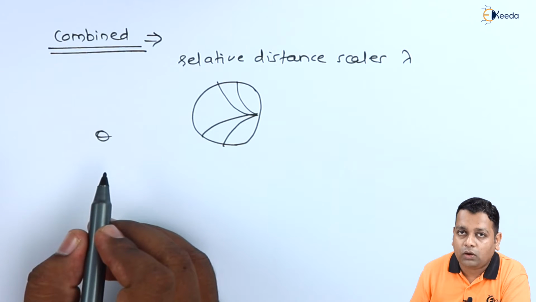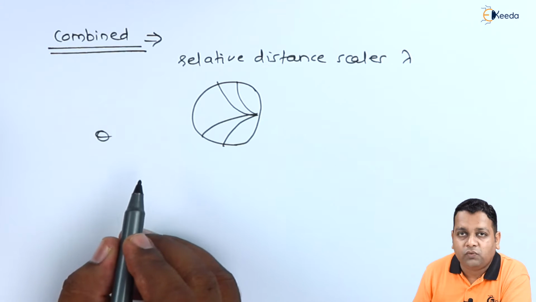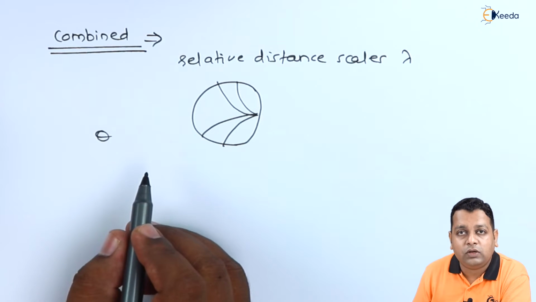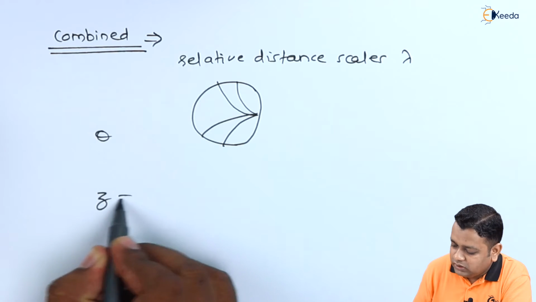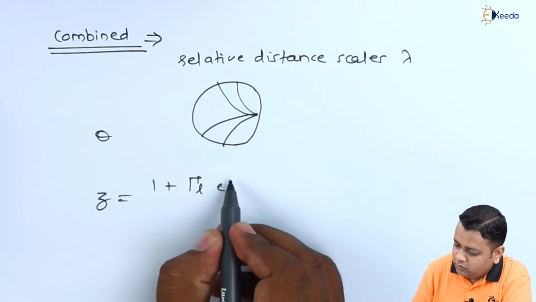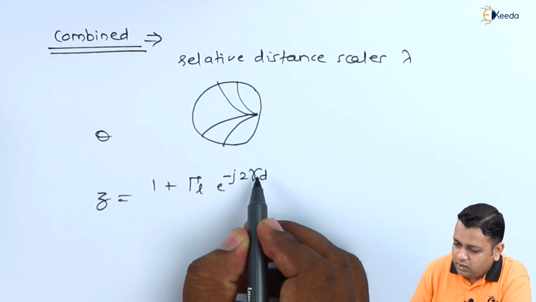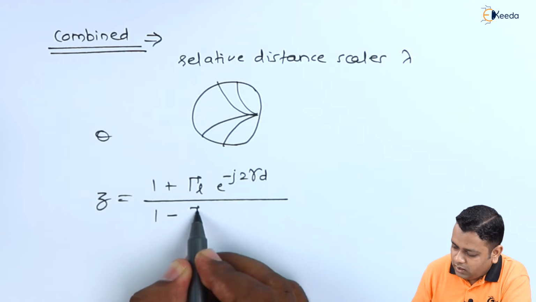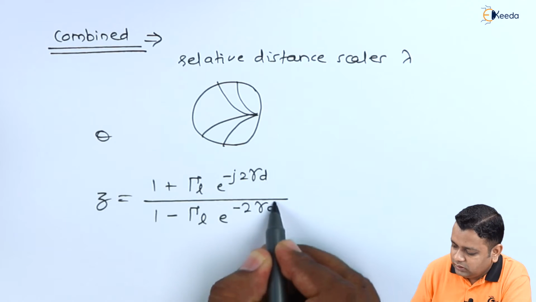Now when we have the normalized impedance denoted by small z, and it is plotted over the chart, we can determine the normalized impedance at any location on the transmission line. This can be found using the equation z equal to 1 plus gamma suffix l into e to the power minus j times 2 gamma d, over the denominator 1 minus gamma suffix l into e to the power minus twice gamma d.